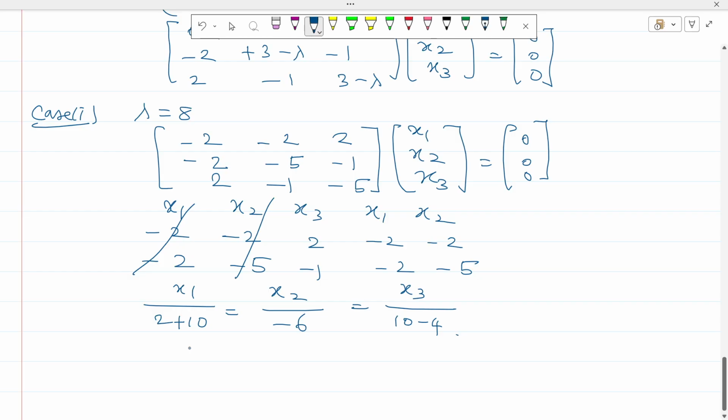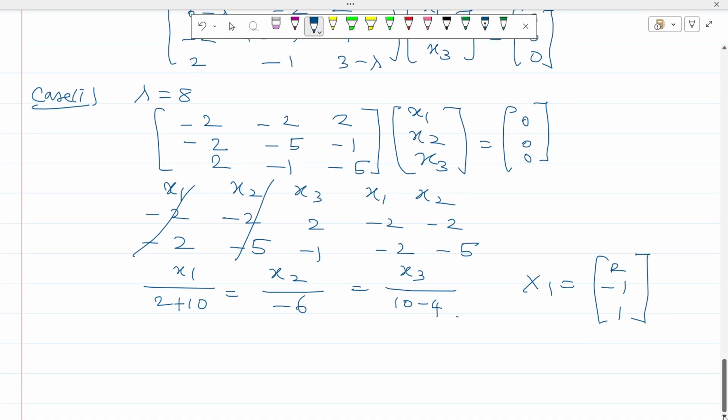Therefore this value x1 is 12, 12 minus 6 plus 6. So 2 minus 1 plus 1.